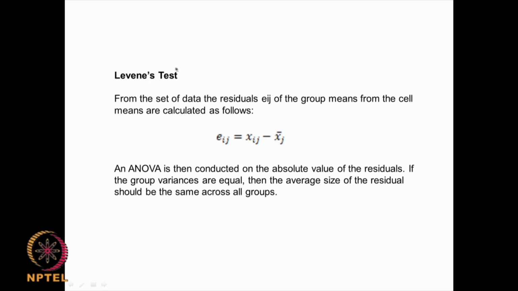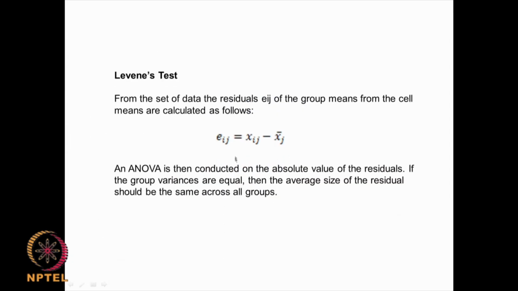Okay, then you have the Levene's test. So, what you do is you have a set of data, you calculate the residuals from the group means. So, if you have the group mean, then you subtract it from each one of the cells, you get the residual. So, once you get the residuals, you perform an ANOVA on those residuals. Of course, you take the absolute value of the residuals. If the group variances are equal, then the average size of the residual should be the same across all groups.